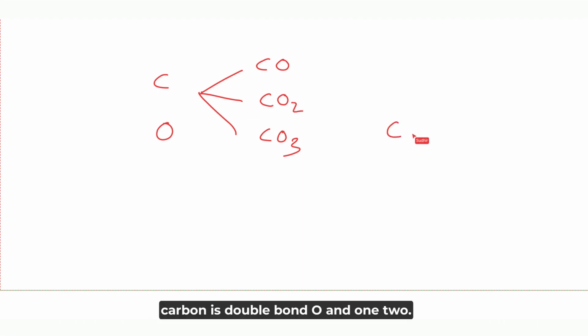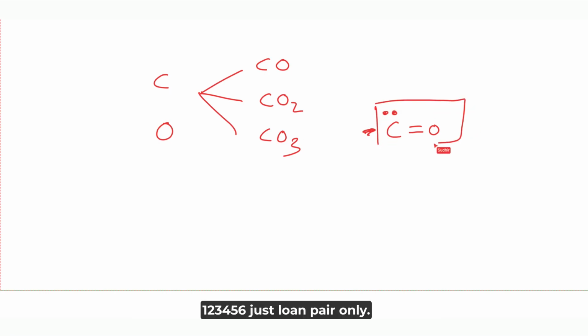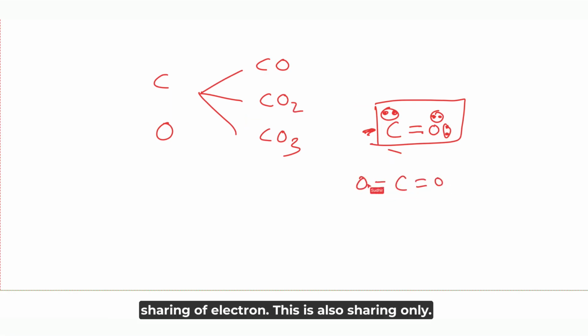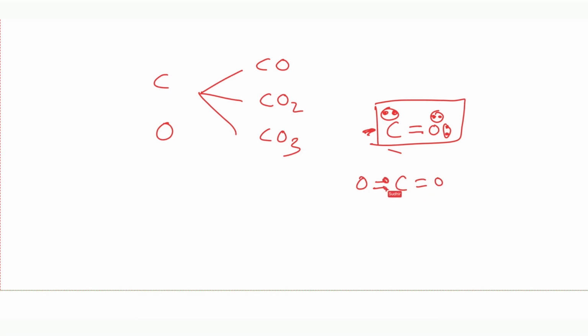Carbon double bonded to O leaves two lone pairs, which is not a proper way of bonding. But in CO2, carbon is double bonded to each O, with completely shared electrons.